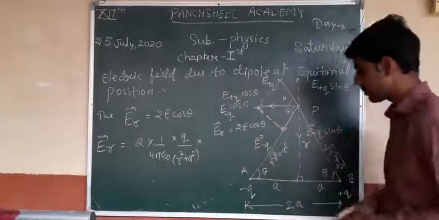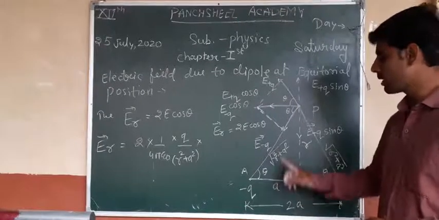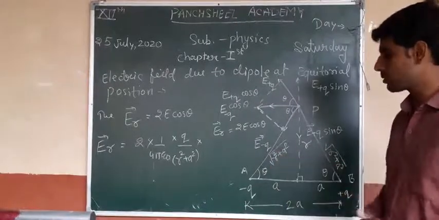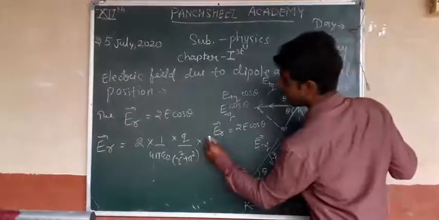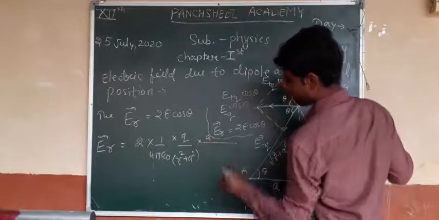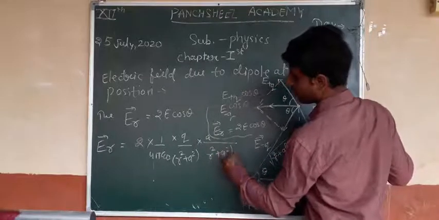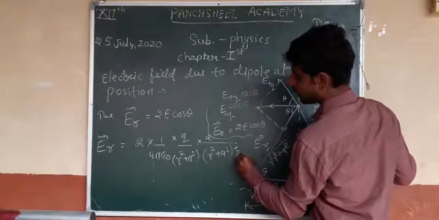Cos theta is base upon hypotenuse, so what is base? A upon what is hypotenuse? R square plus A square, the whole power 1 by 2.